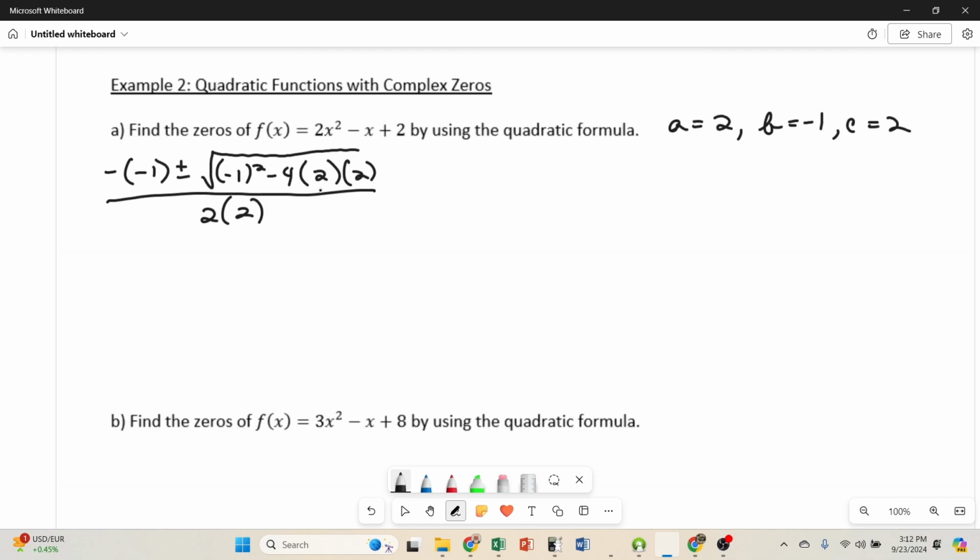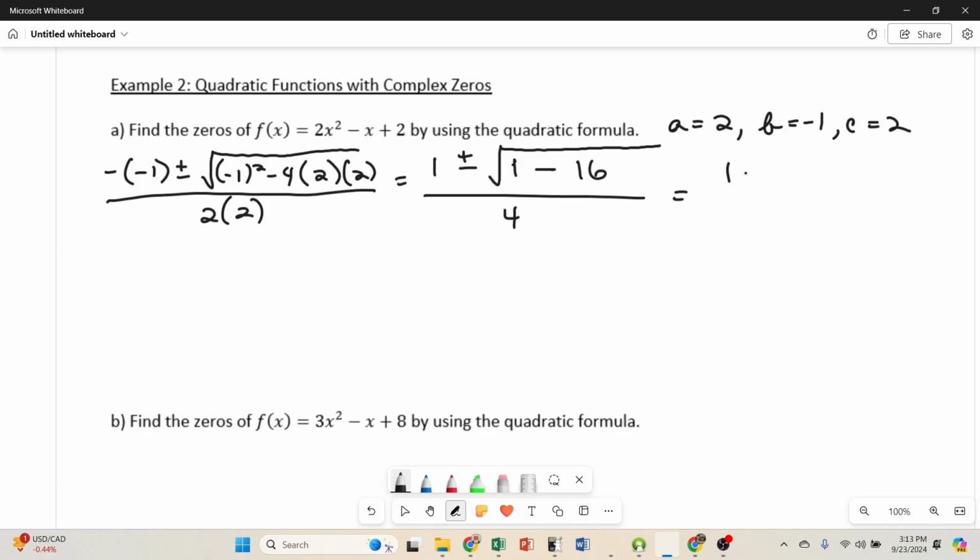So negative 1 becomes positive 1, plus or minus the square root. Negative 1 squared is 1, minus 4 times 2 is 8, times 2 is 16. 1 minus 16 over 4.